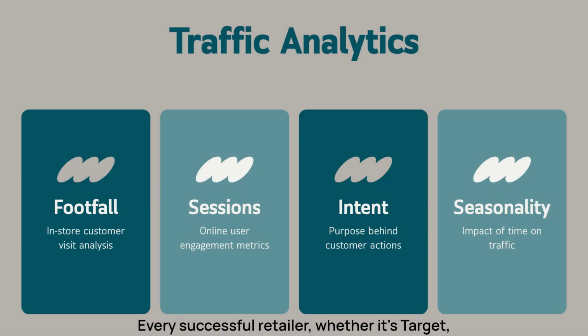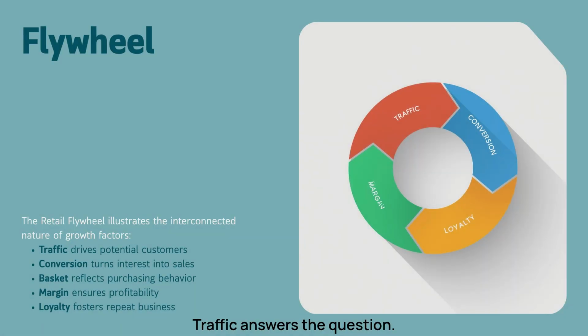Every successful retailer, whether it's Target, Sephora, Amazon, Trader Joe's, Nike, or your local boutique, runs on the exact same flywheel. Here's the flywheel: traffic, conversion, basket size, margin, loyalty, more traffic. If this flywheel spins smoothly, the business grows effortlessly. If any part breaks, the whole system stutters. Let's break it down. Traffic answers the question, how many people show up?